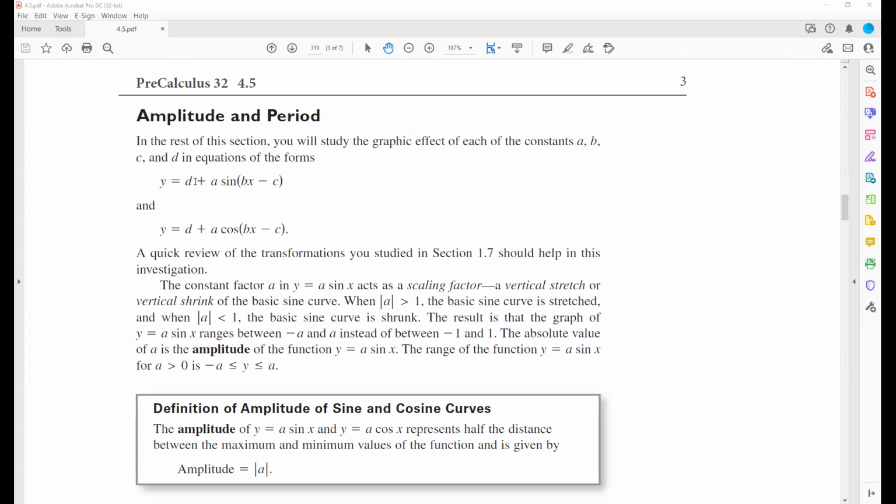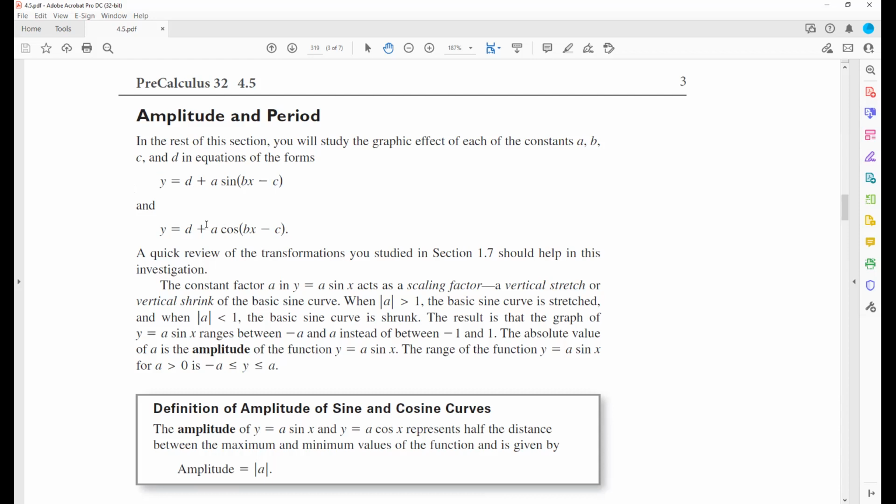Well, we usually have a constant d plus, we multiply the sine function by a, and instead of just having x as the variable, we're going to use a general form bx minus c. This is our sine function in its general form.